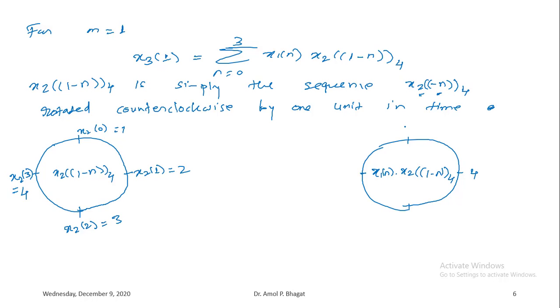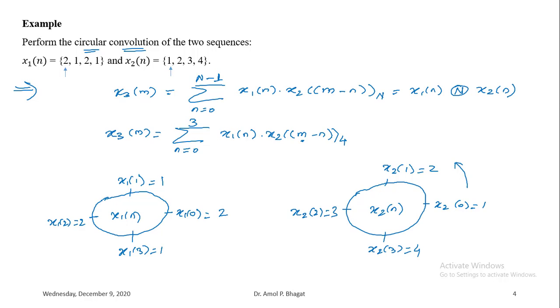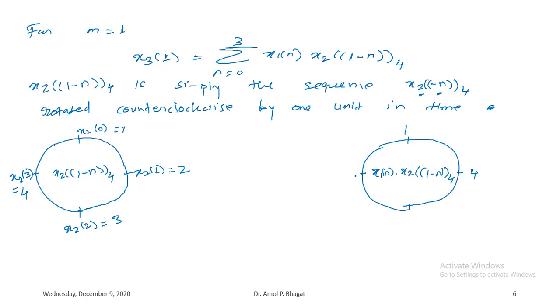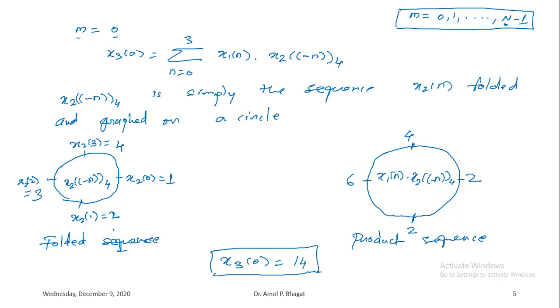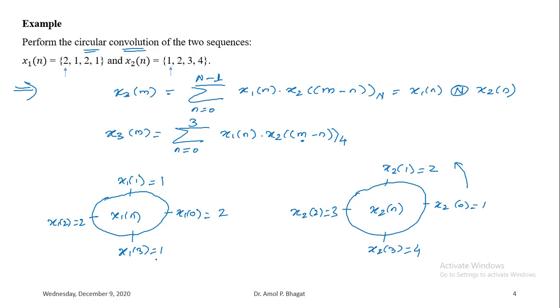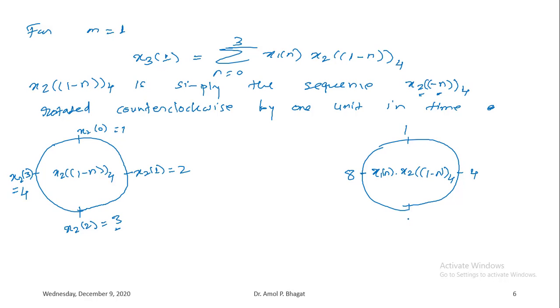Then this 4 gets multiplied by 2, so it will be 8. Here the value is 3 and here it is 1, so 3 multiplied by 1 will be 3. This is the folded sequence rotated by 1 unit in time, and this is the product sequence.